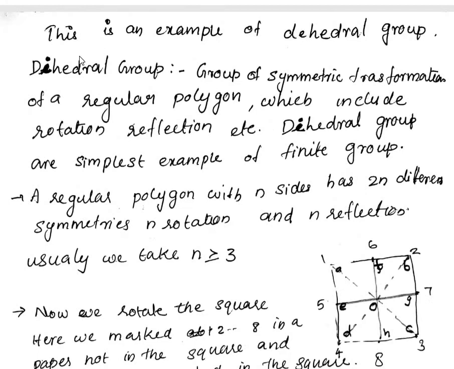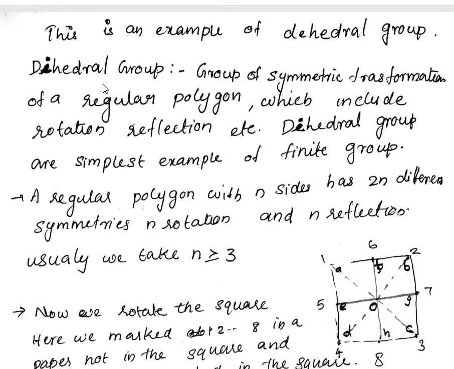What is a dihedral group? A group of symmetric transformations of a regular polygon, which includes rotation, reflection, etc., forms a group. That group is called a dihedral group.